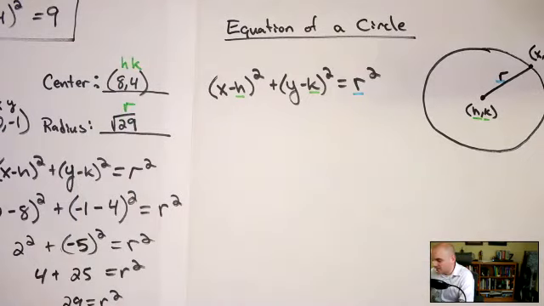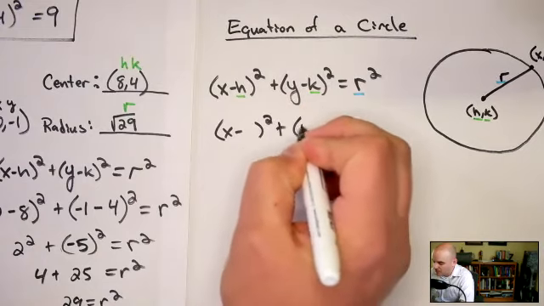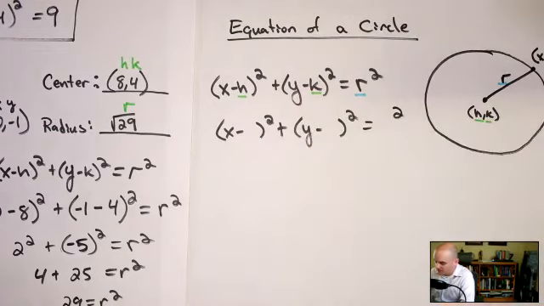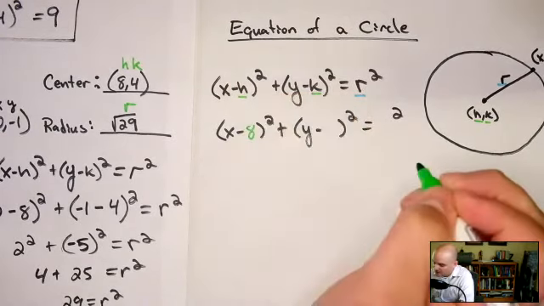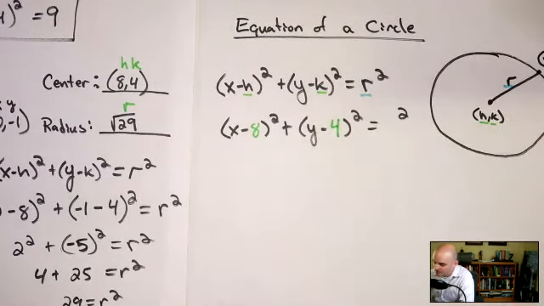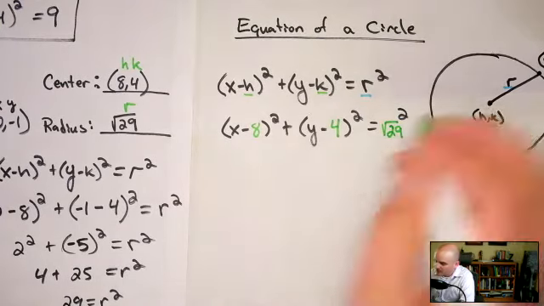I'd like to fill it out where I write x minus something squared plus y minus something squared is equal to my radius squared. Substituting these in, we get 8 right there, 4 right there, and then root 29 right there.